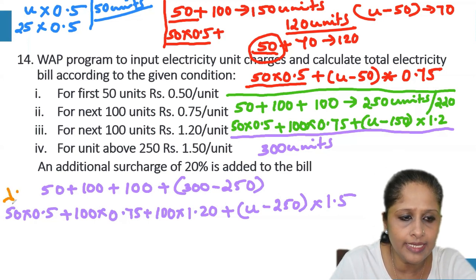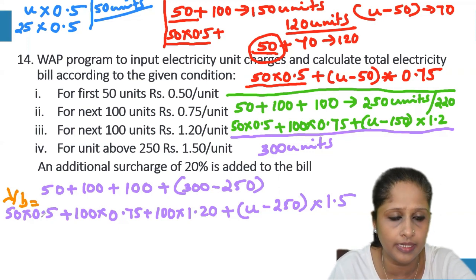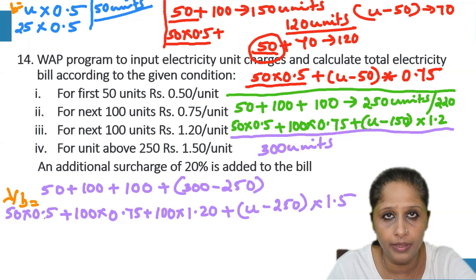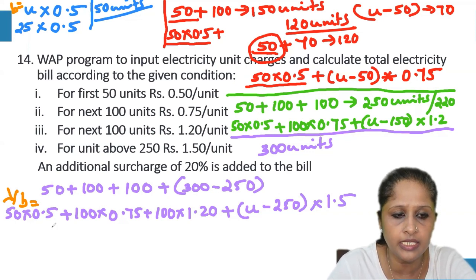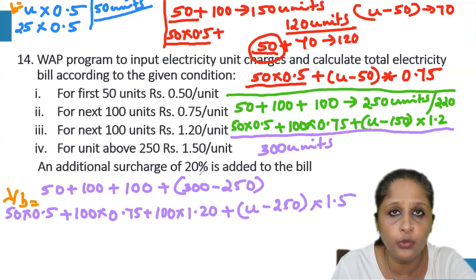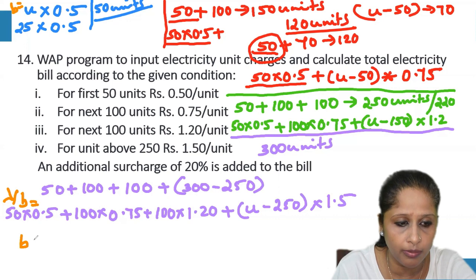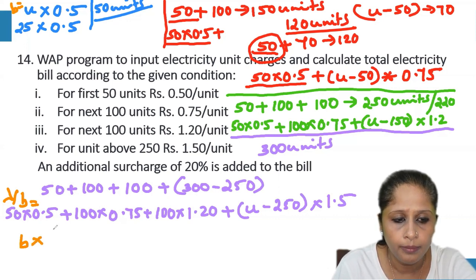Suppose I am giving b equal to, that means bill is equal to, the bill you get according to these conditions. Then we have to find the additional surcharge of 20%. So how can we calculate the surcharge? b into 20 divided by 100.